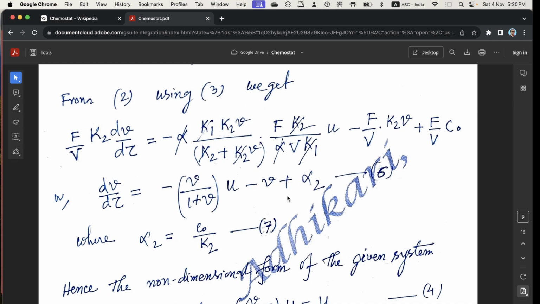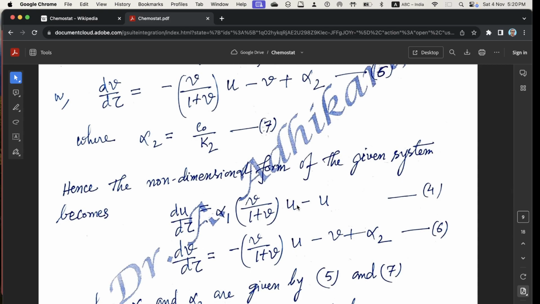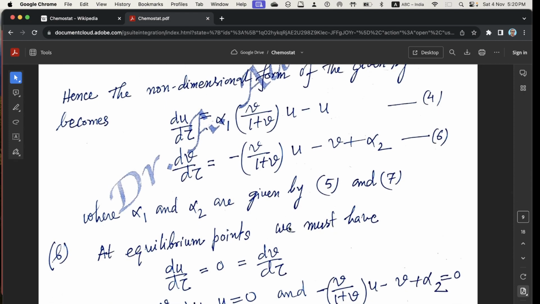Hence the non-dimensional form of the given system becomes equations 4 and 6, and alpha 1 and alpha 2 are given by 5 and 7.